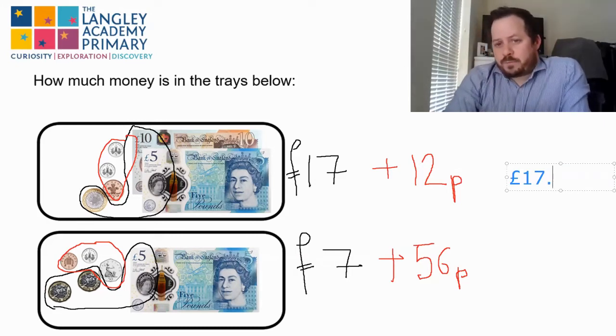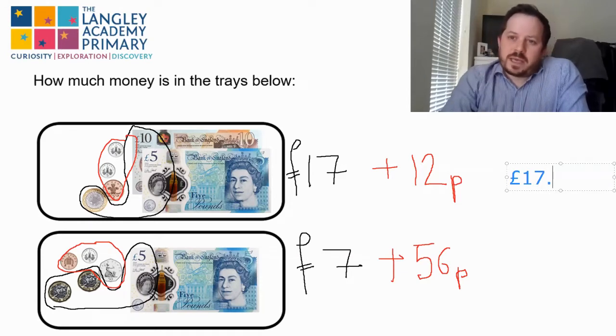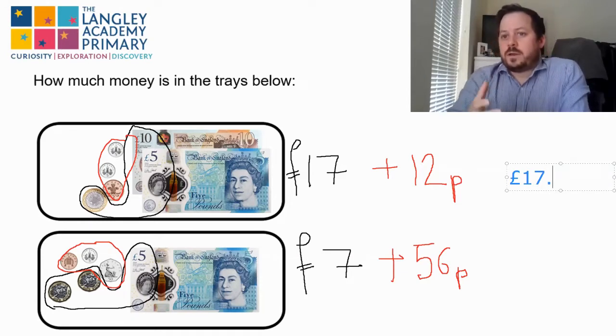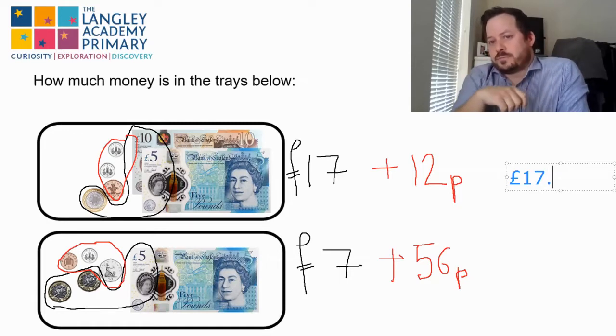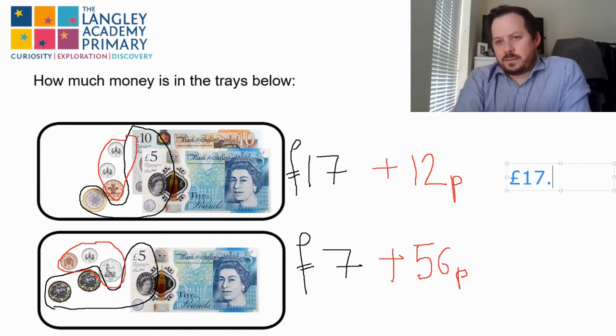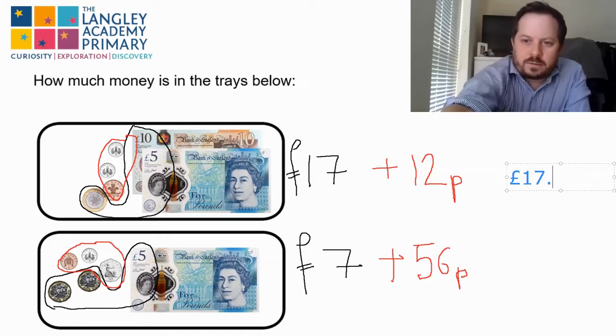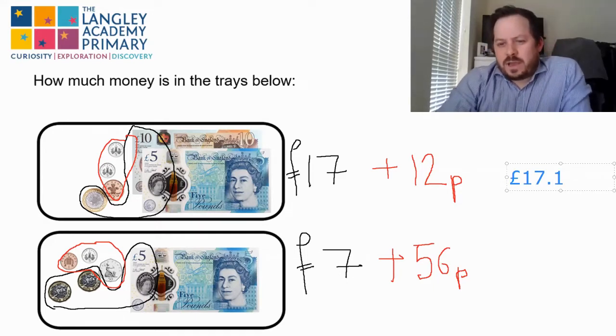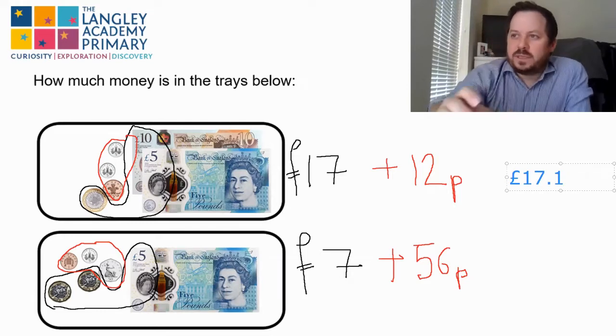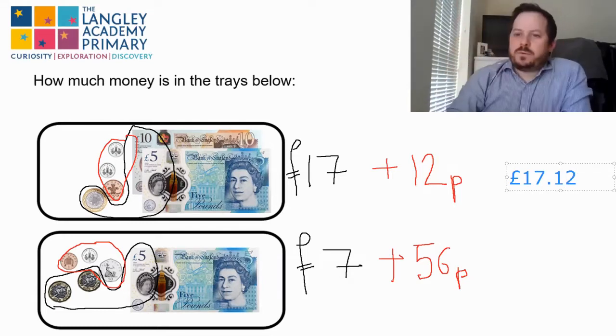Now we know that that 12p is 12 out of 100, which means it's very much like how we would write our hundredths for our decimals, which means every 10 hundredths we have 1 in the tenths column, and whatever we have left over goes in the hundredths column, which is 2.